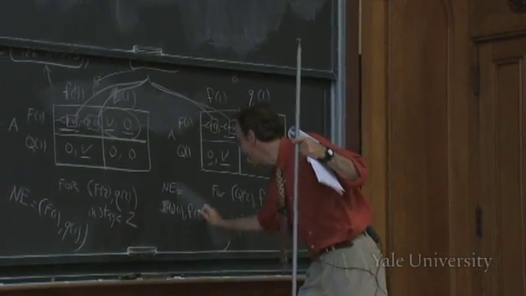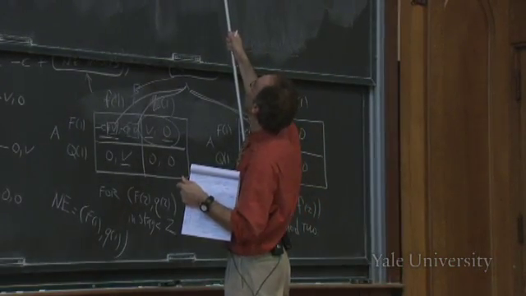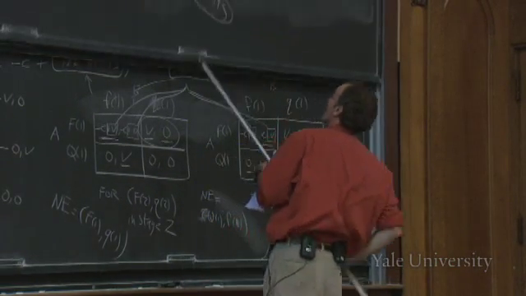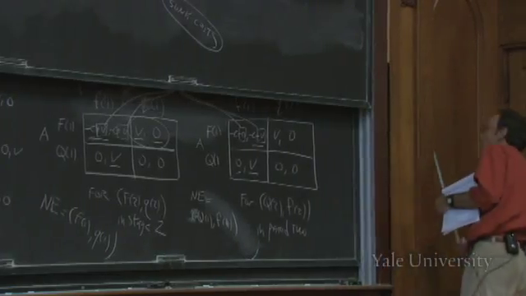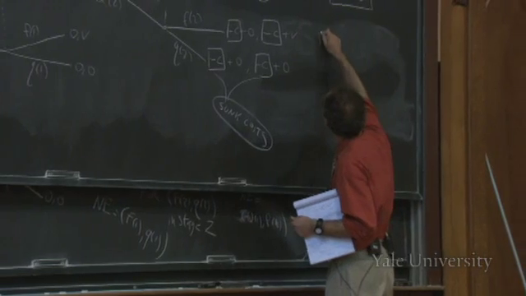Let me get it right when I write it up as a whole equilibrium. So I claim that I've now found all of the pure strategy SPE in this game.